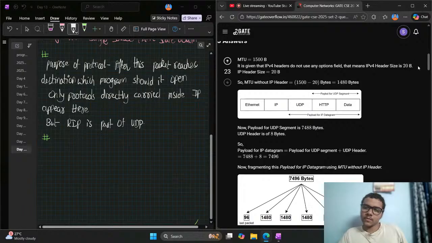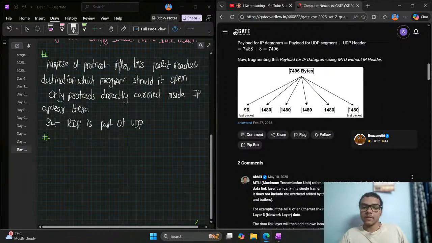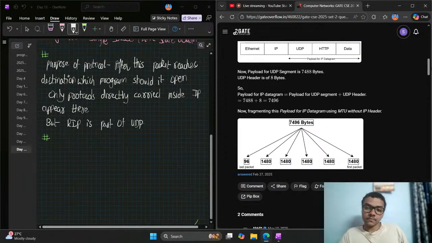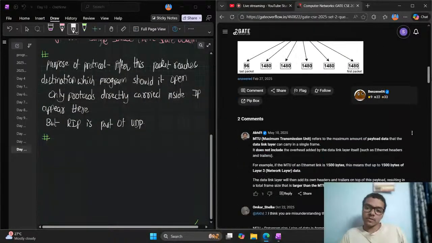You are supposed to know this one: 1480 bytes. Payload of UDP segment plus UDP header. Now fragmenting the payload.